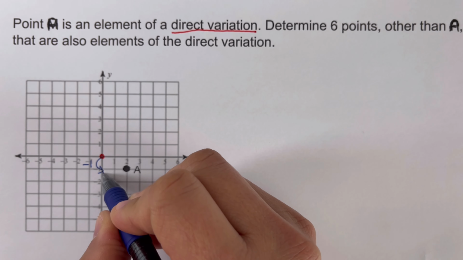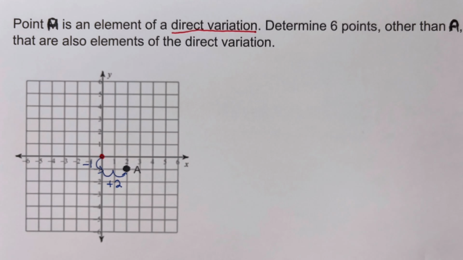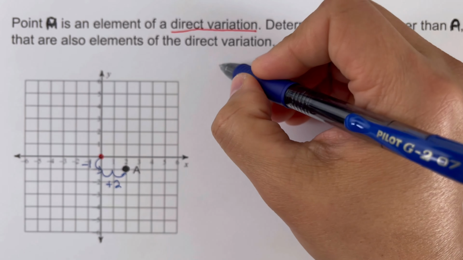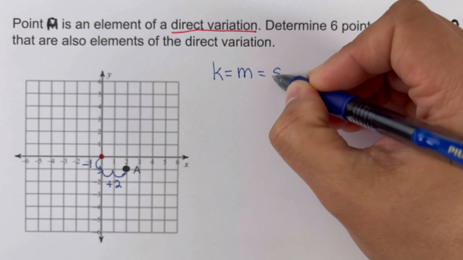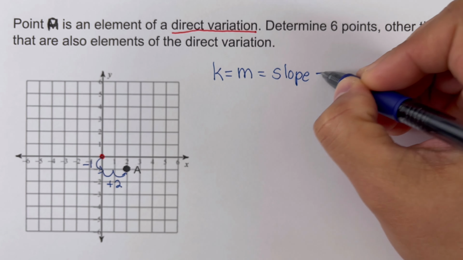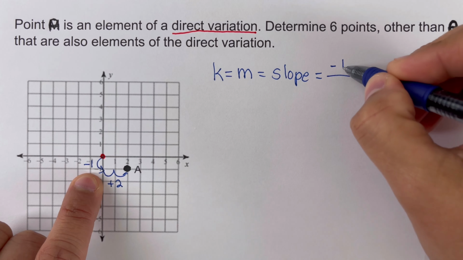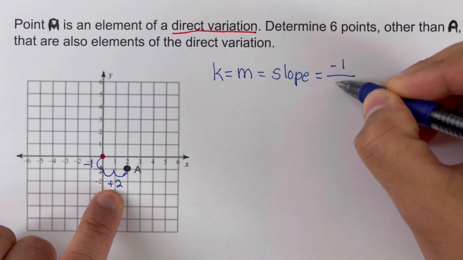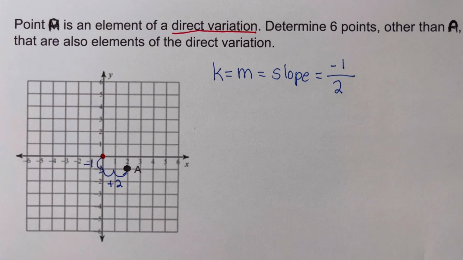And we go to the right 1, 2. So we went to the right 2, that's a positive 2. So k is equal to m, which is equal to the slope. Our slope here is negative 1, and we go to the right 2, a positive 2, so it's negative 1/2.